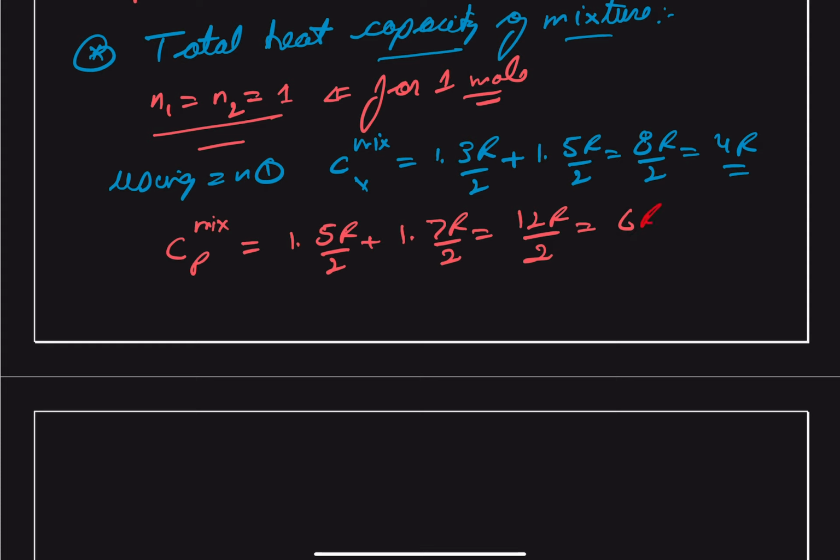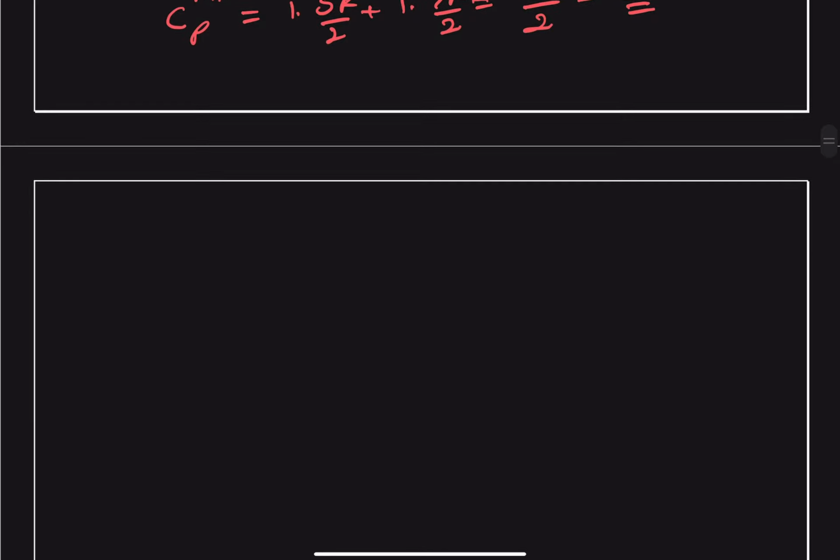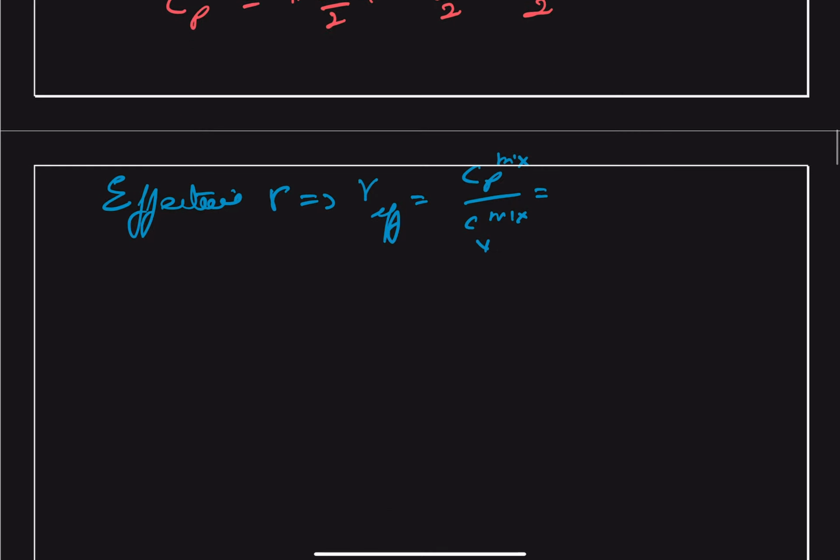So we got all the values, and we know that the effective adiabatic index, effective gamma, will be equal to Cp for the mixture upon Cv for the mixture, and this is 6R upon 4R.